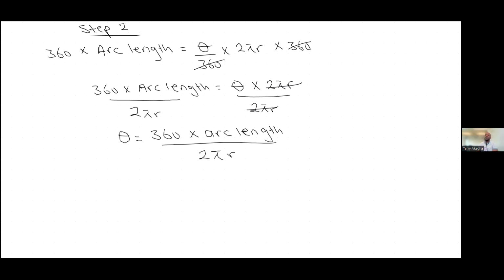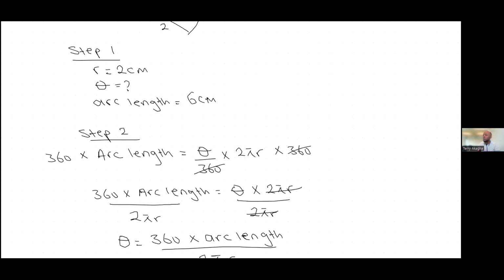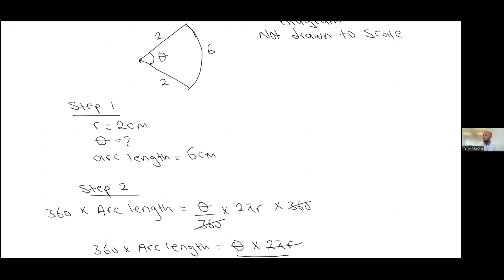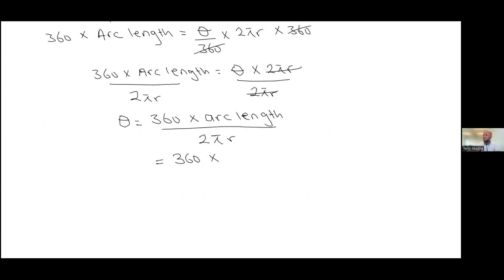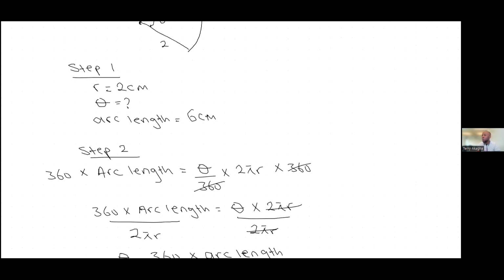So we can now substitute that. We're going to have 360 multiplied by the arc length, which here is 6. We're told that it was 6. Divided by 2 times pi times the radius. We're told as well the radius was also 2.